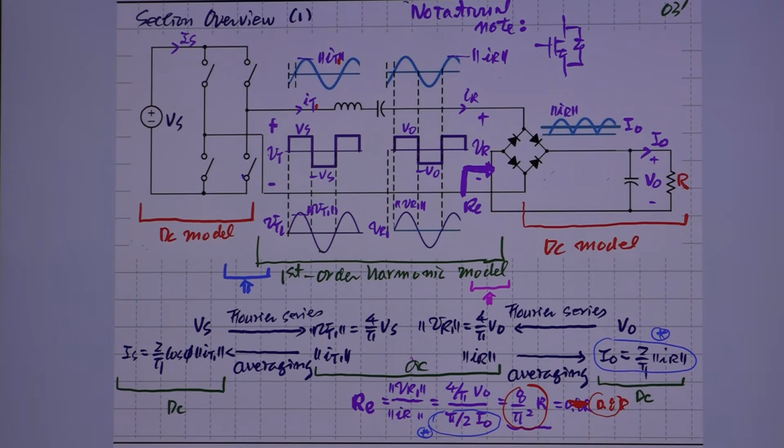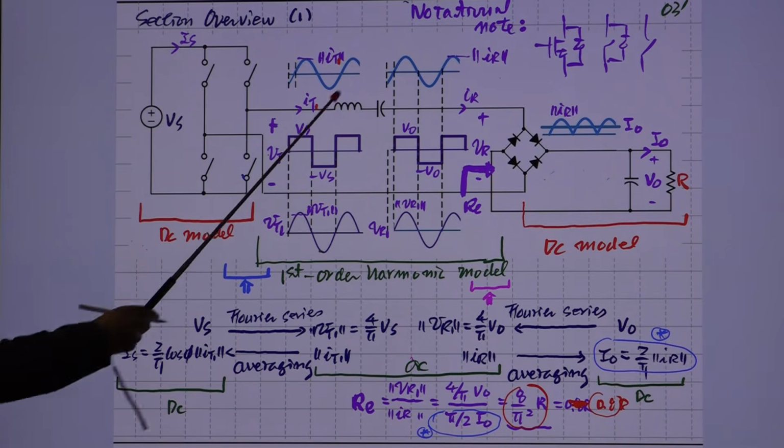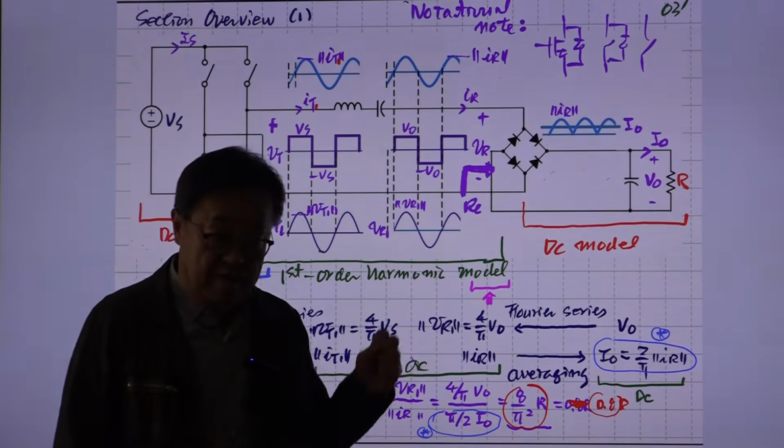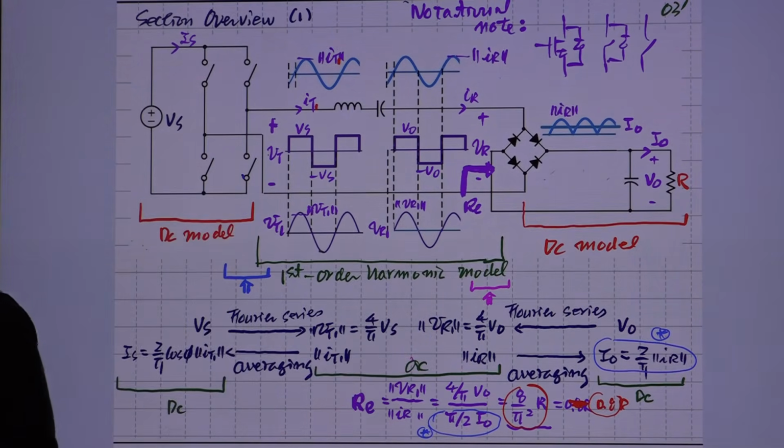I've been using that sometimes, and in some cases I'll use this symbol, or even this one. All three represent the MOSFET switch as a bidirectional switch. Without the body diode, this switch alone is not compatible with the resonant converter, so we need an additional current path like the body diode. That is implicitly assumed when I'm drawing this.